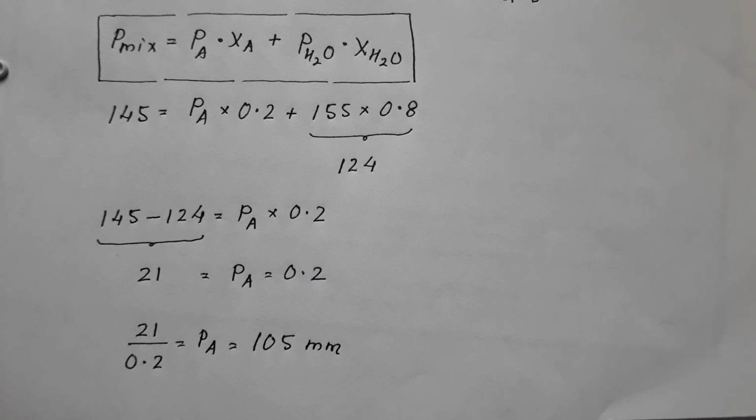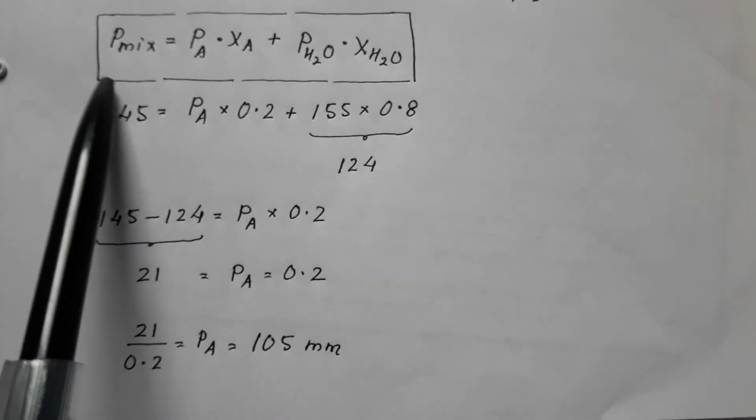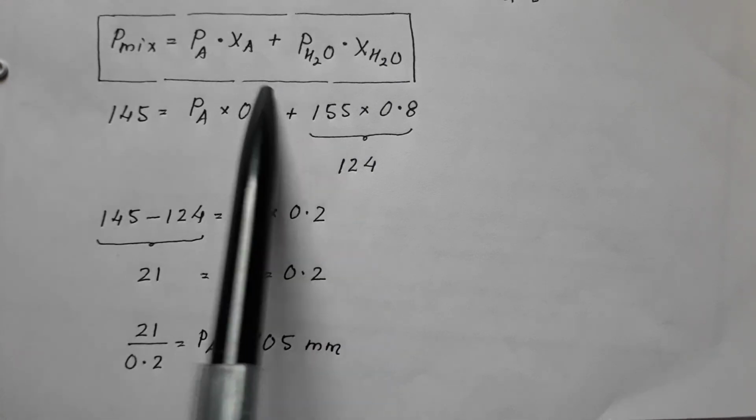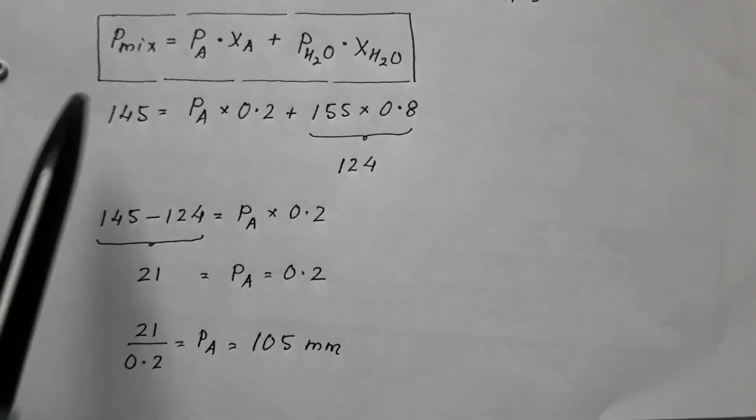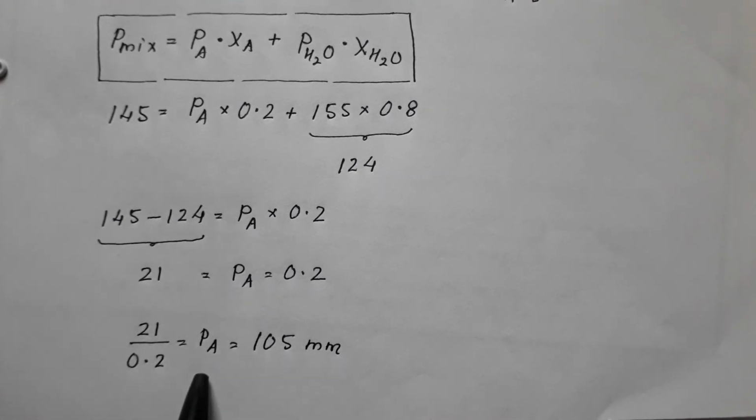Based on the total mole, we calculated the mole fraction, and then substituting the vapor pressure and the mole fraction into this equation, we calculated the vapor pressure of A. The vapor pressure of pure A, as per the calculation, comes to be 105 mm. This is how we can calculate the numerical based on Raoult's law.